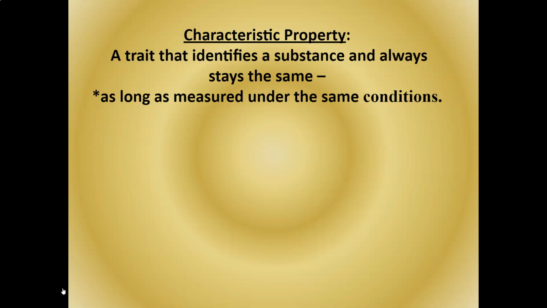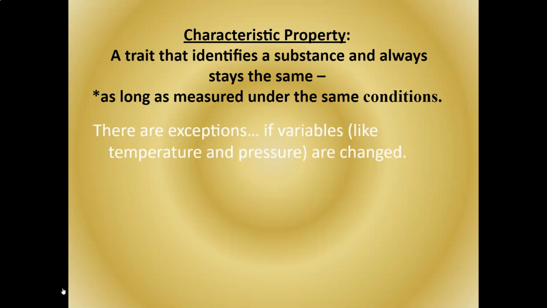So if the density of a gas is being measured, we have to know the standard temperature and pressure under which it was measured. There are exceptions when looking at characteristic properties. We need to know the environmental conditions under which they were measured to make sure you're mimicking the conditions.